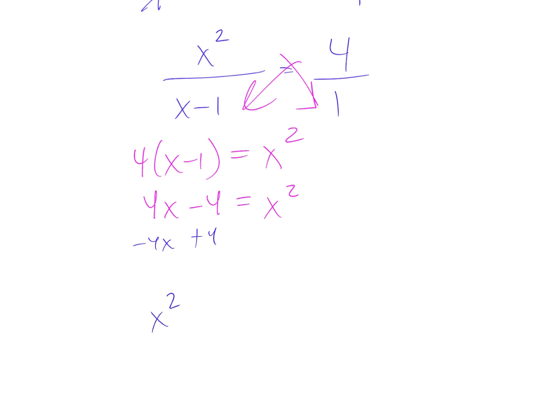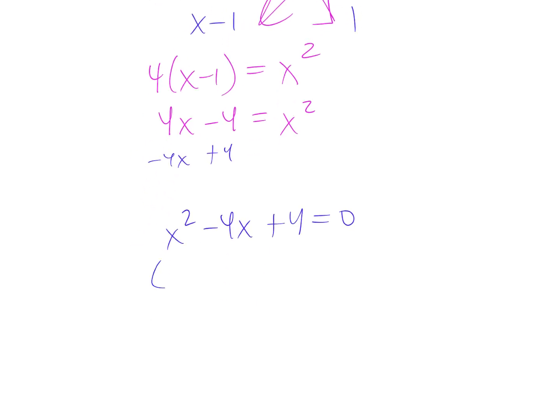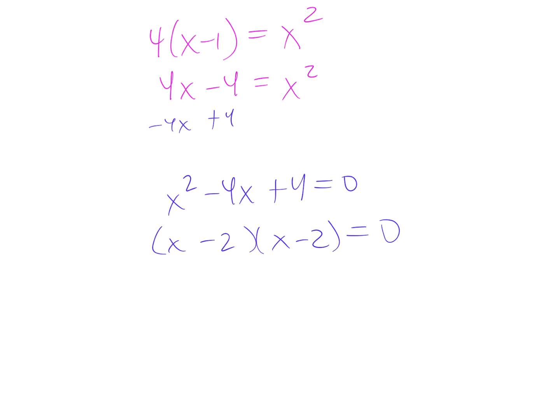So you have x squared minus 4x plus 4 equals 0. It's a factoring problem, guys. What times what gives you a positive 4 when you multiply and a negative 4 when you add? x minus 2 and x minus 2. So you happen to have the same answer here twice. What is it? x equals 2.